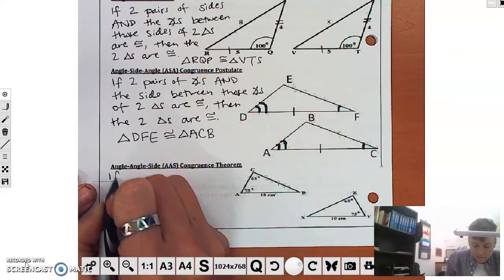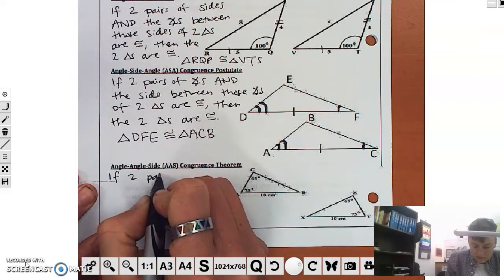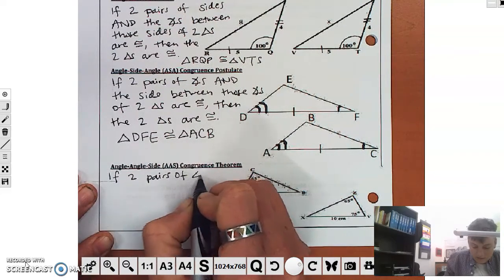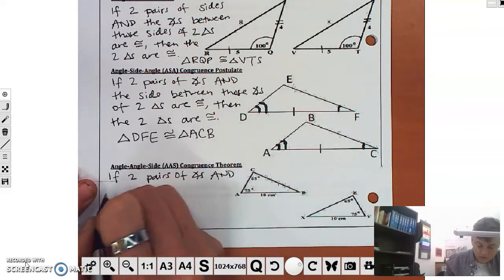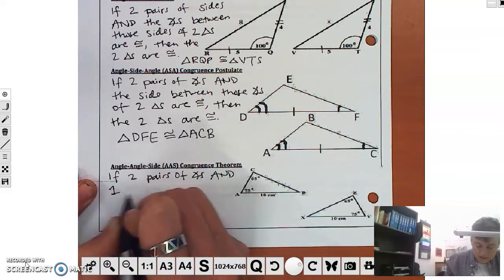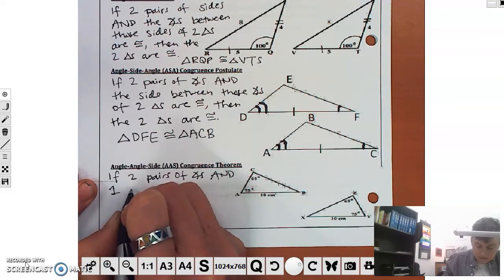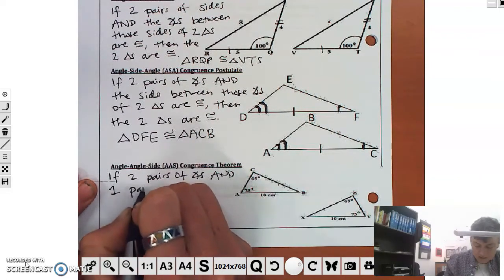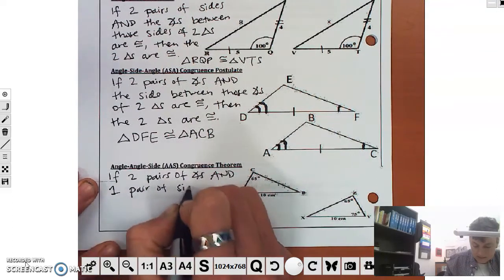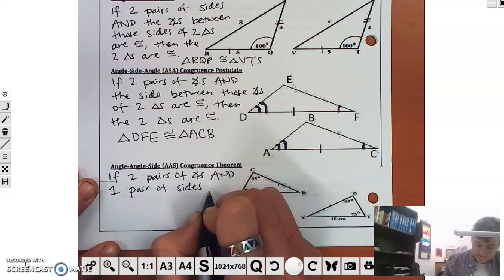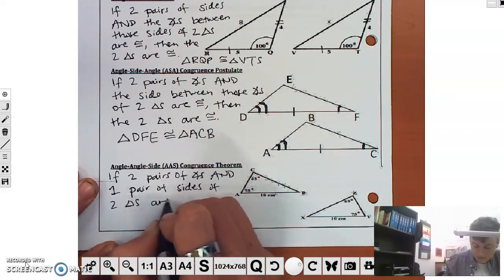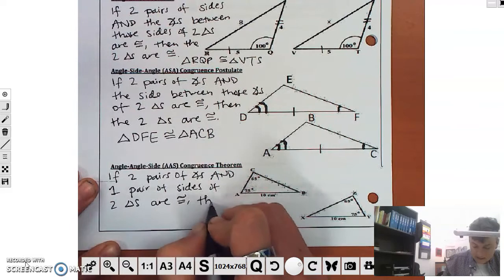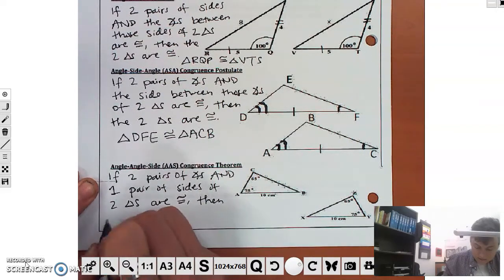So if two pairs of angles and one pair of sides of two triangles are congruent, then the two triangles are congruent.